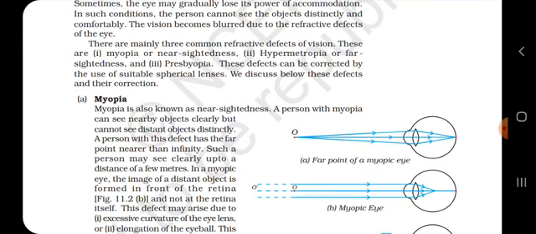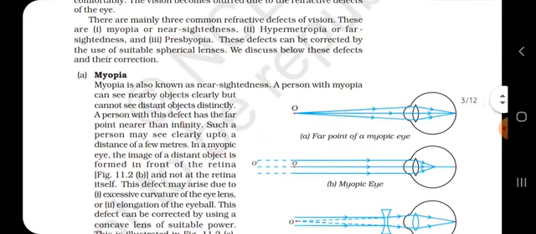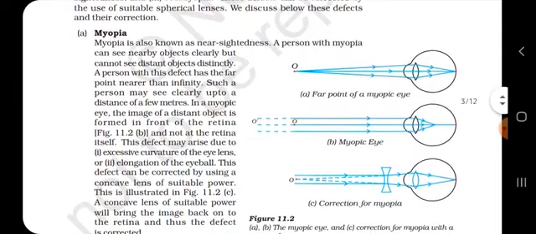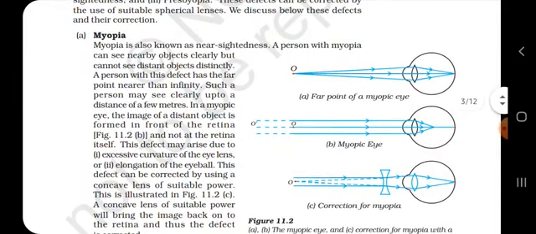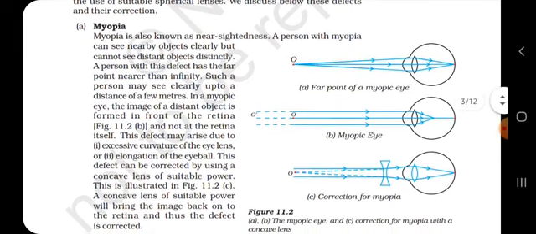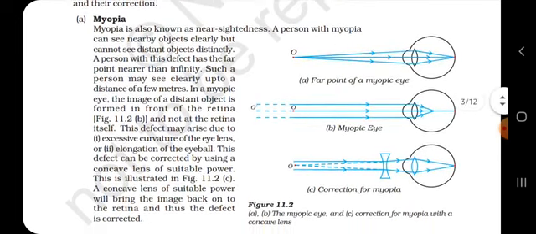These defects can be corrected by the use of suitable spherical lenses. See over here on figure 11.2, they have also given us the schematic diagram of myopia. So let us start first with myopia.